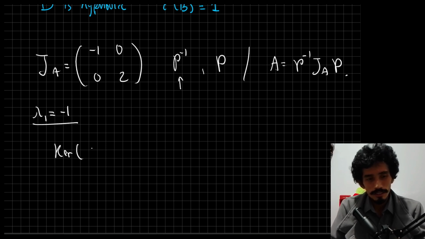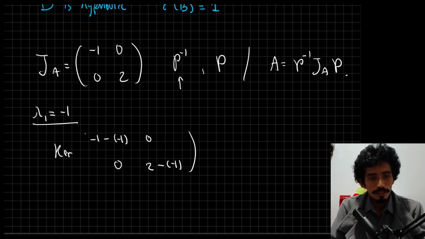So we want the kernel of the matrix -1 minus 1, 0, 0, and 2 minus 1. So the kernel of this matrix, and here -1 plus 1 is equal to 0, so this is 0, and this is 3.